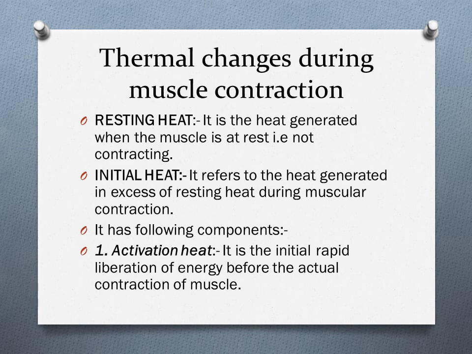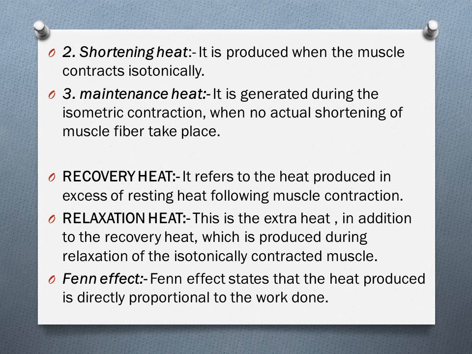Now coming to the shortening heat. What is shortening heat? It is produced when the muscle contracts isotonically. It is produced due to various structural changes in the muscle fiber, like movement of cross bridges, and also myosin head and breakdown of glycogen.